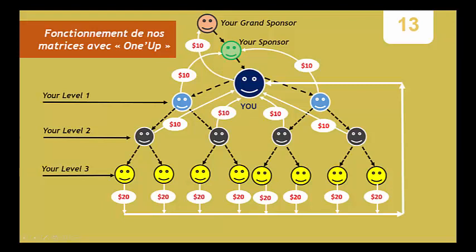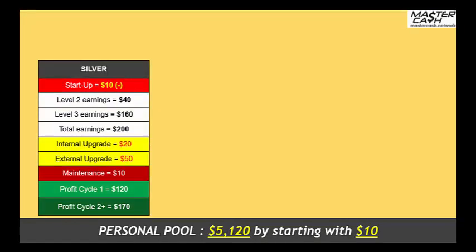Now I want to go a little further and give you a tabulated view of how the earnings are actually calculated for you. If you pick the various matrices that we have in your personal pool, remember that we have a lot of pools in MasterCash. Now this explanation is related to the personal pool.